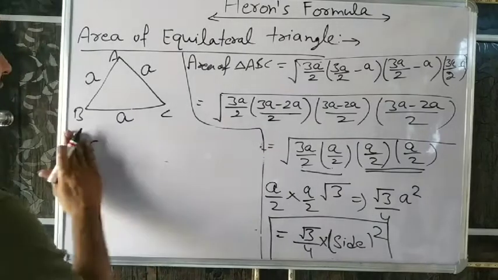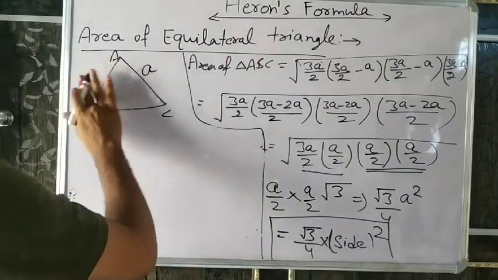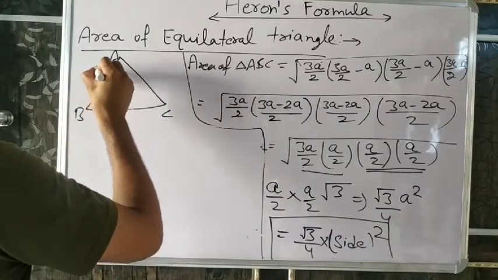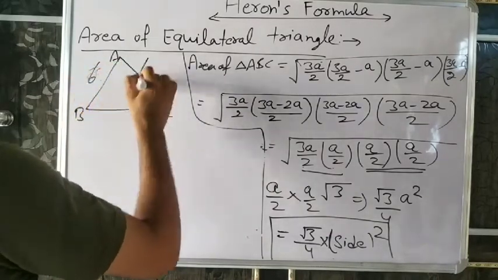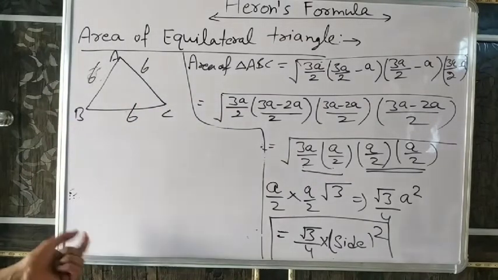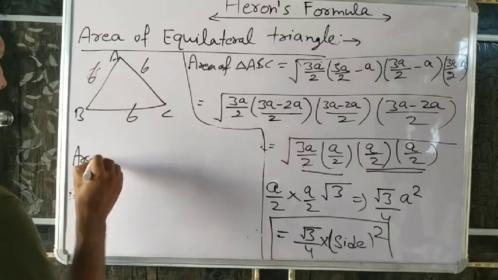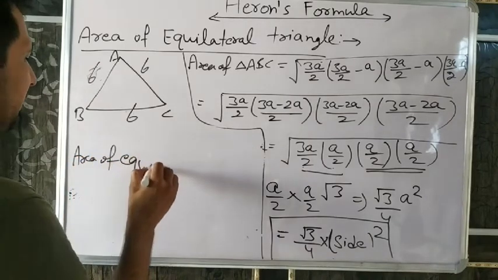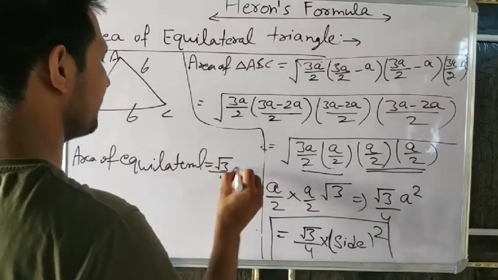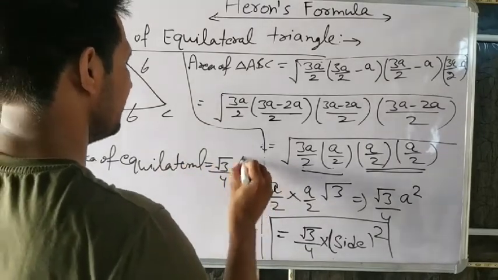Suppose we have to find the area of a triangle whose sides are 6 centimeters, 6 centimeters. Which type of triangle is it? Equilateral triangle. So we find its area. Write area of equilateral triangle equals root 3 by 4 into side square.